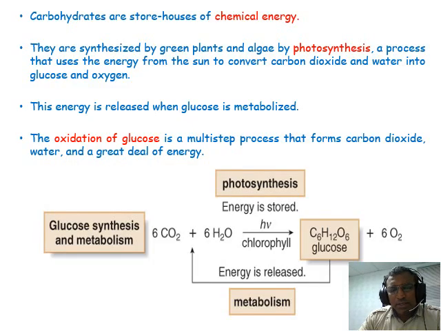This slide is referring to how all the energy comes from the sun. Sun energy is absorbed by chlorophyll in green plants, and this energy can be used to connect carbon dioxide to water and form glucose eventually.